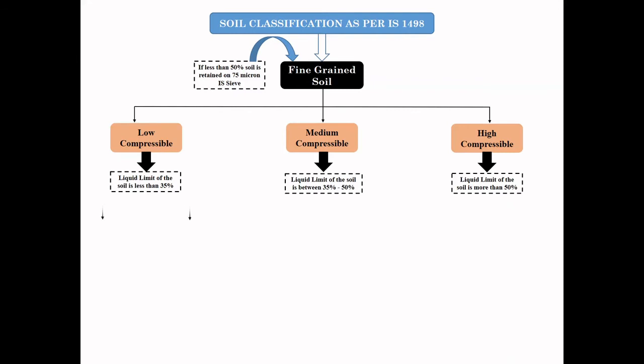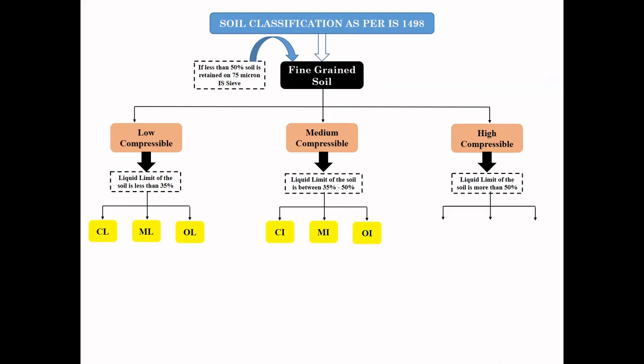Low compressible fine grained soils can be further subdivided as CL, ML, or OL, the medium compressible soil can be further subdivided as CI, MI, OI, and the highly compressible fine grained soil can be further subdivided as CH, MH, or OH, where C stands for clay, M stands for silt, and O stands for organic silt or clay.